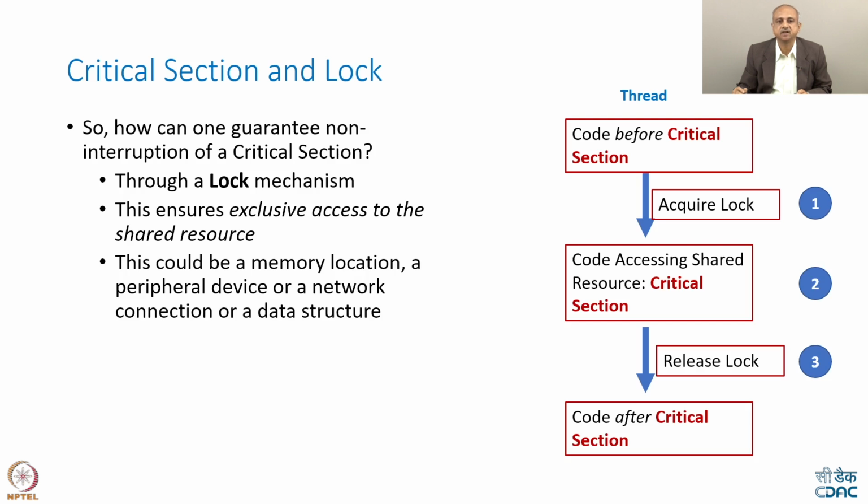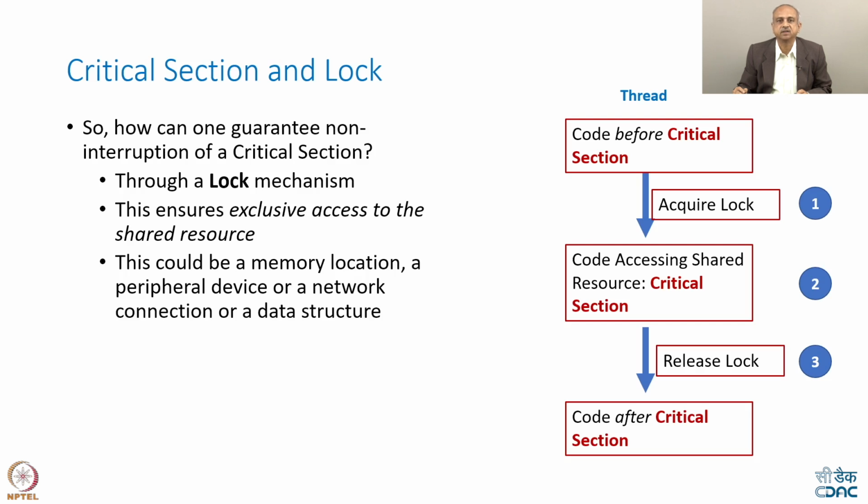Now, what is this shared resource? Typically it could be a memory location, or a peripheral device like a hard disk or another IO device, or a network connection on which a packet is being sent, or not just a memory location but a collection of memory locations which forms a data structure.